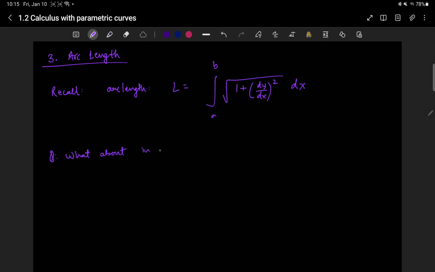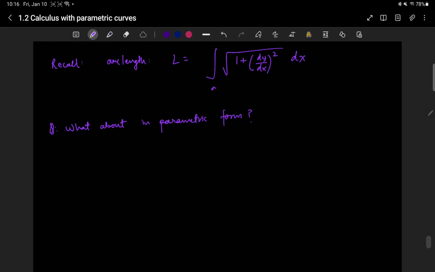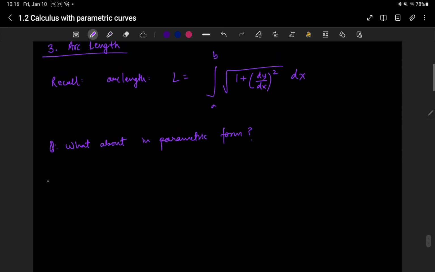What about in parametric form? So for this, we have a theorem.